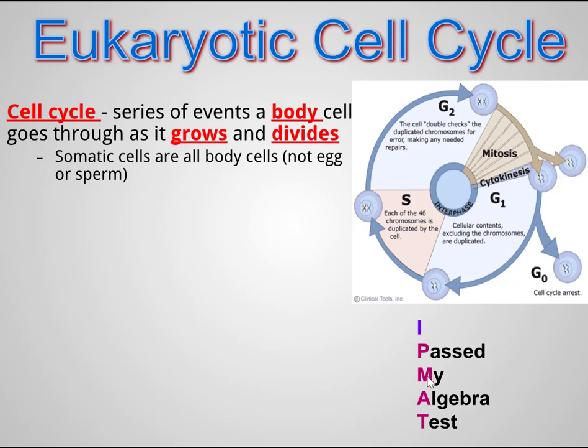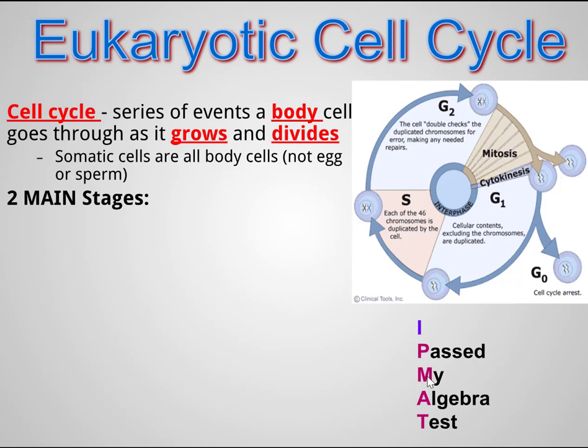These are known as our body cells. So every single cell in our body except for egg cells and sperm cells. So those are these sex cells, which we're going to talk about in meiosis. So the only things that are going through mitosis are my body cells, my heart, my skin, my liver, my muscles. All of those things are going to be going through mitosis because they're going to make exact copies of themselves.